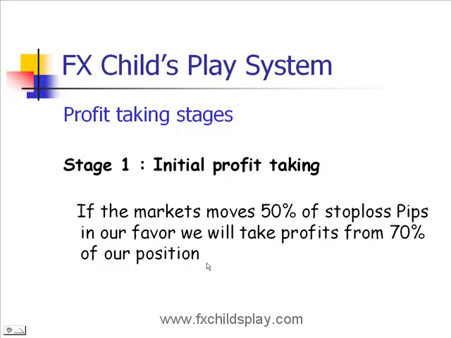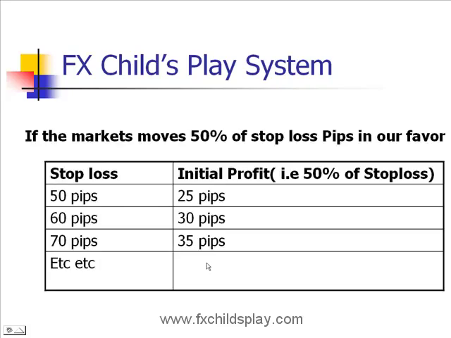Well, what does it mean? Let's look at this in detail. If the market moves 50% of stop loss pips in our favor, say we enter the trade and put 50 pips as stop loss, then as soon as we get 25 pips in our favor, we would take the profit.